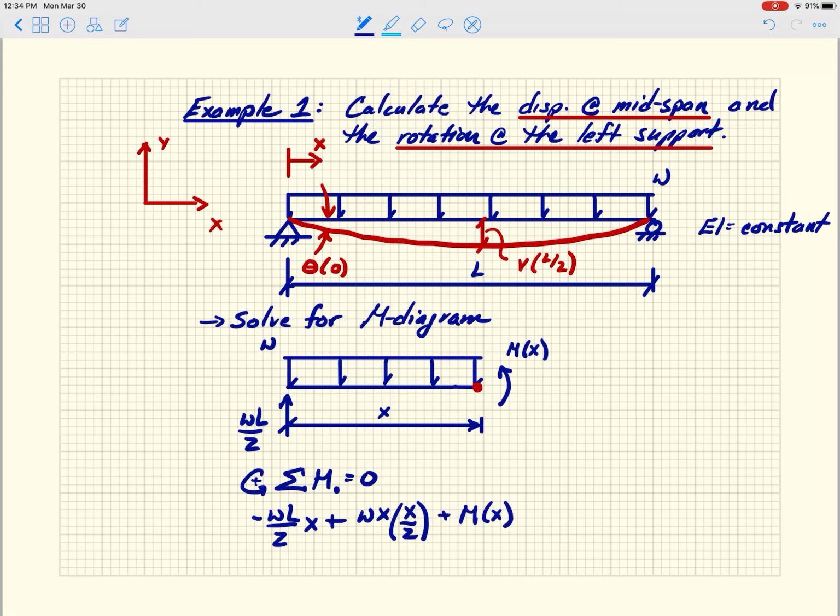And then I'm going to get a positive m of x, and that's going to be equal to 0.